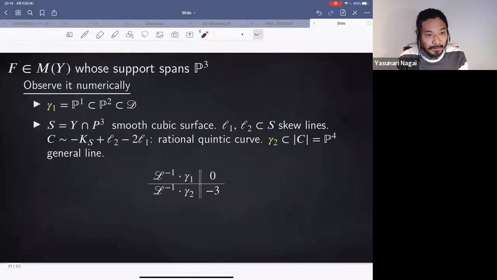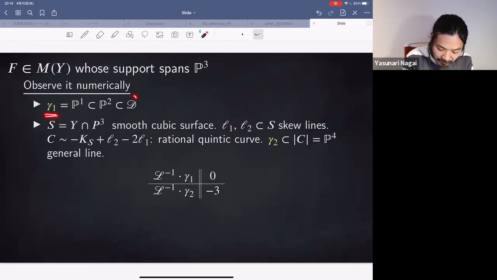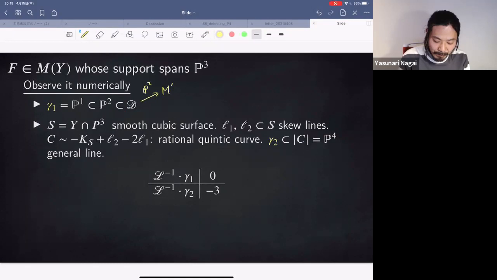And we can observe it in a different way, namely numerically. So we take two rational curves. One thing is this degenerate divisor. So this was a rational P2 fibration of some other moduli space.